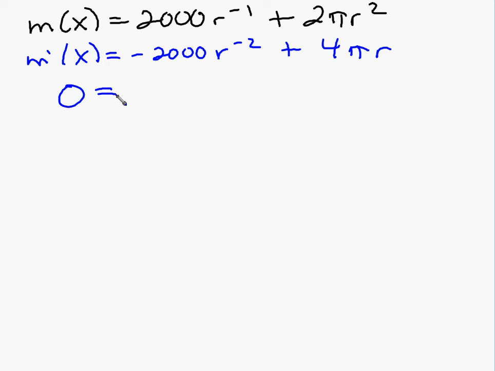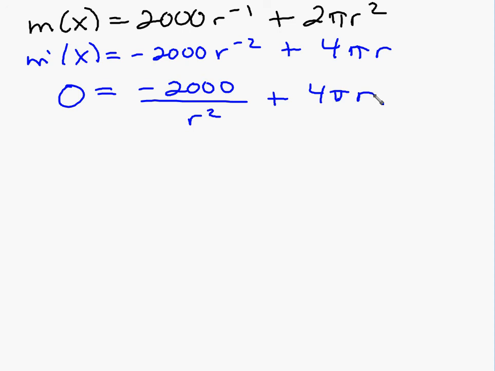At this point, I think it's going to be better to write it this way. Because now I can use an old pre-calculus trick, which is to multiply by the denominator to get rid of fractions.